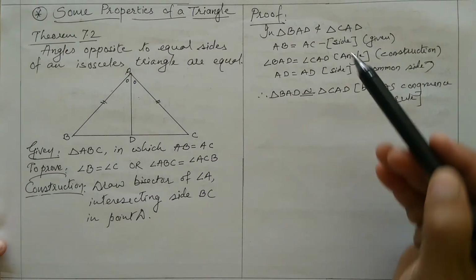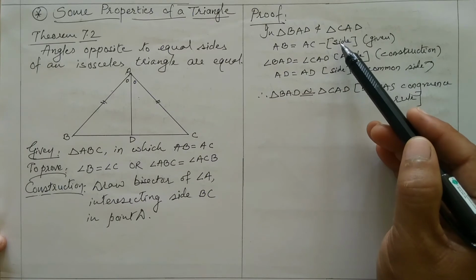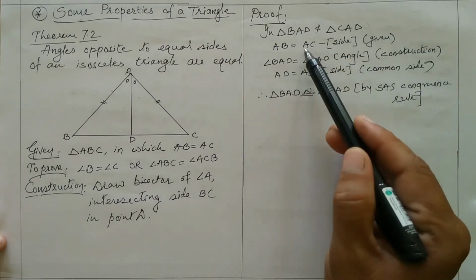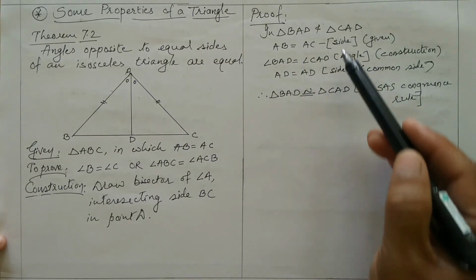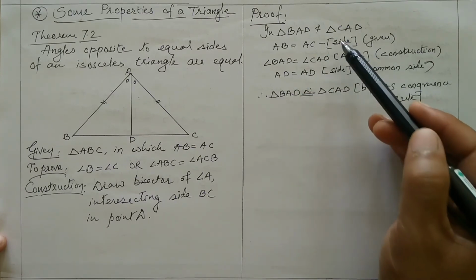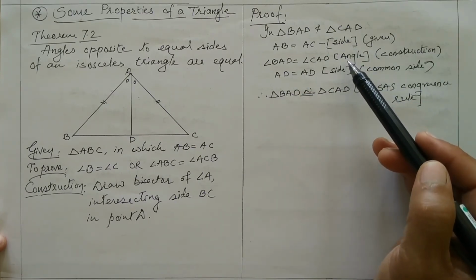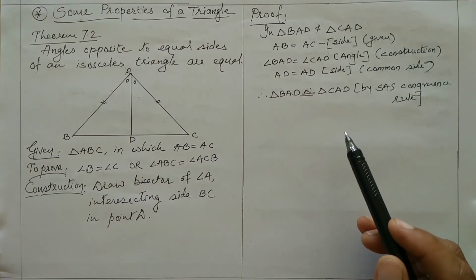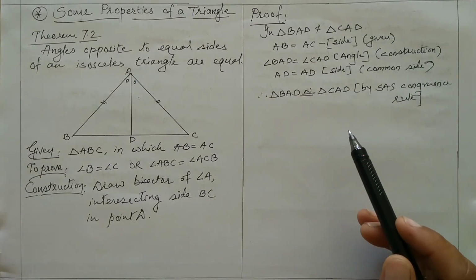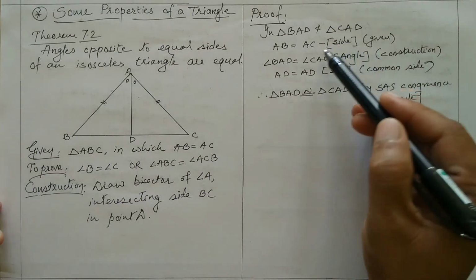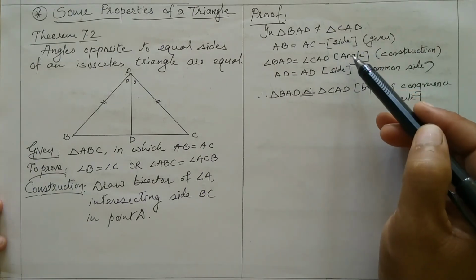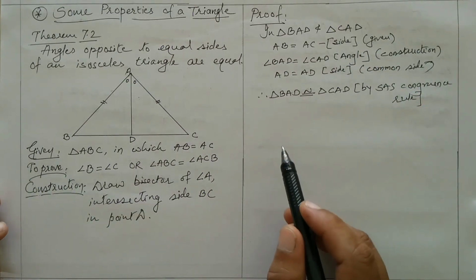We have made use of two pairs of sides, AB and AC, and AD and AD, where AD is common, and the included angle. A triangle has 3 angles and 3 sides. So we have used 2 sides and 1 angle, so the remaining parts are automatically congruent.